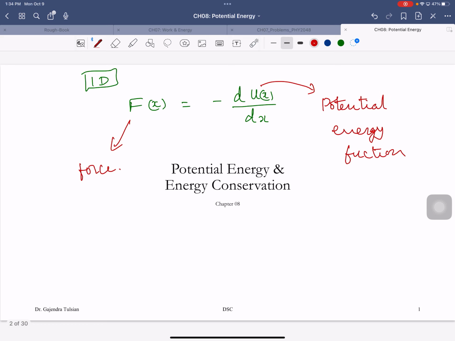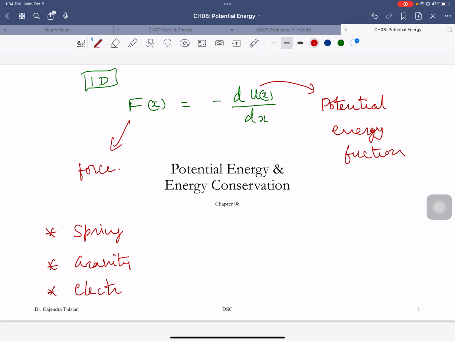And like our friends told us, there are only three forces that we'll deal with that can be done so: spring force, gravity, and the electrostatic force.